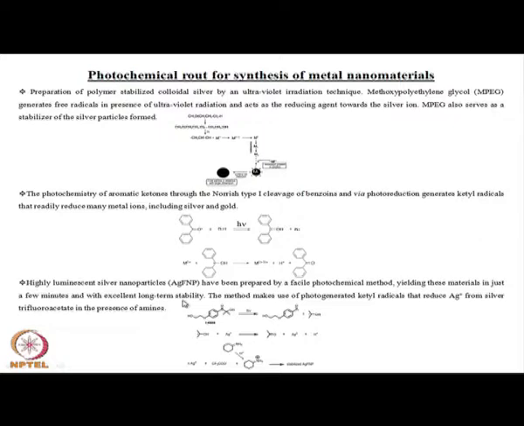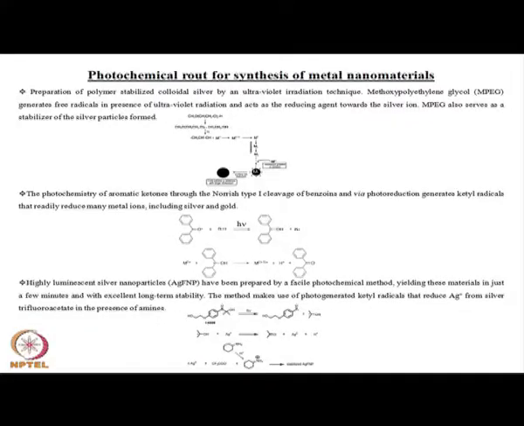Stability is also important, because we should get a material which is stable for a fairly long time. If it is not, then the effort may not be of that importance, because suppose you synthesize a material which is not very stable, but you want to apply that material at some distant place where you need to transport it.